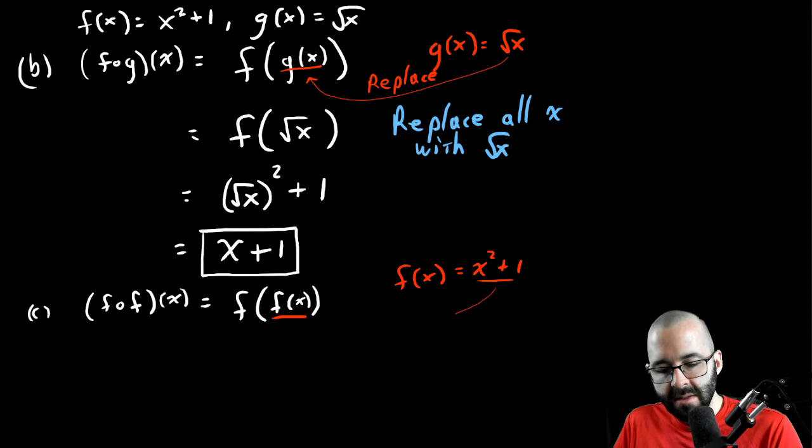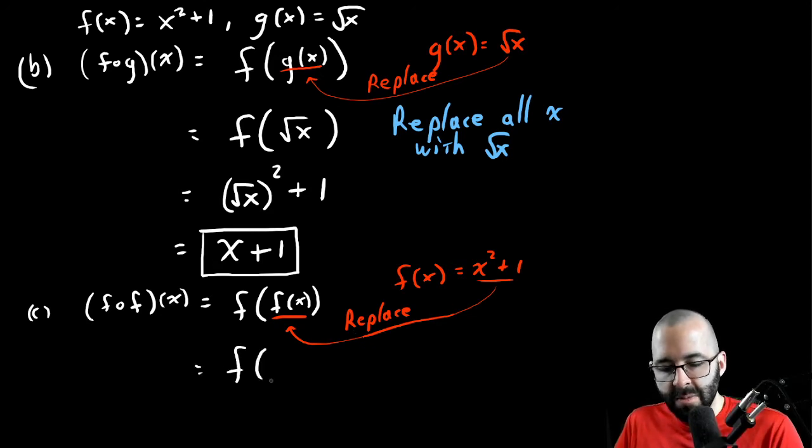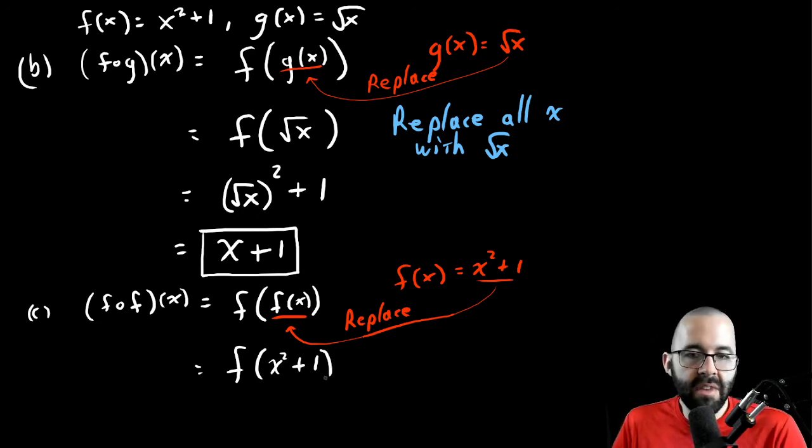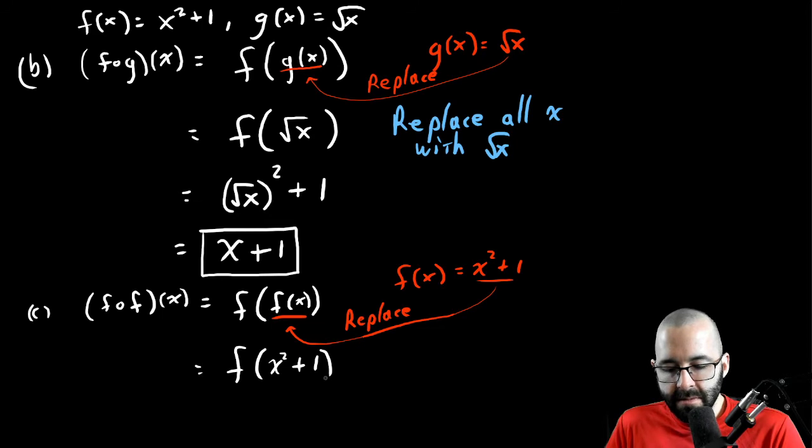So take this, and we replace it. So the inside becomes x squared plus 1. Because f of x is the same thing as x squared plus 1. That's what equals means. Same thing. If they're the same thing, we can replace one with the other.